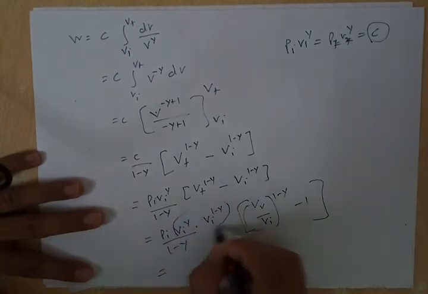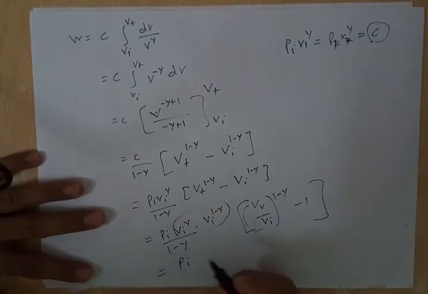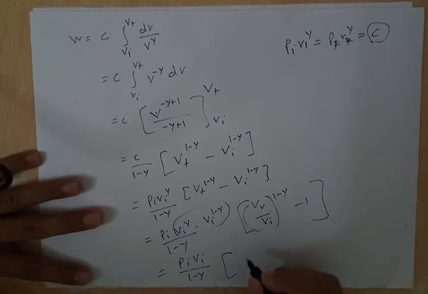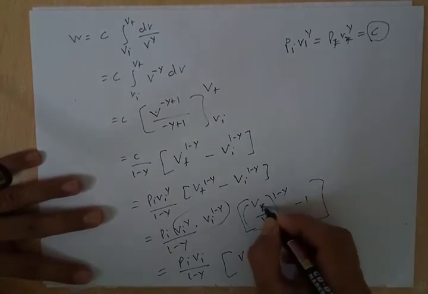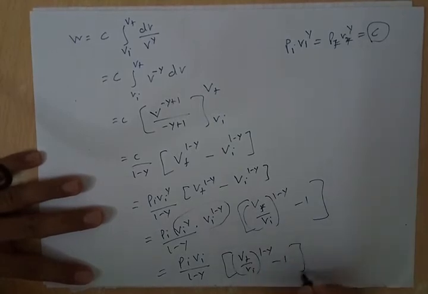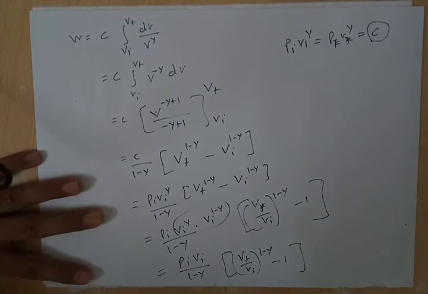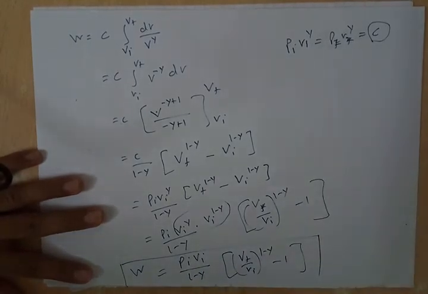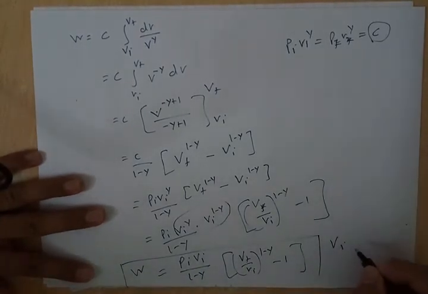Now if we simplify this equation, we will get Pi Vi over 1 minus gamma, times Vf upon Vi raised to 1 minus gamma, minus 1. So this equation gives us the work done by the system in expansion of gas from initial volume Vi to final volume Vf.